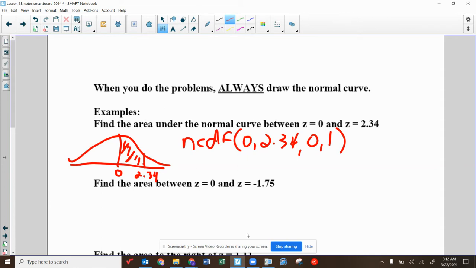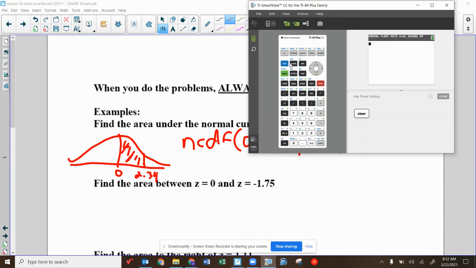Okay, so on your calculator, you go to second and vars, and then we're going to be doing normal CDF. We're not going to do normal PDF. That's a different thing, and if you take another statistics class, you'll learn what that is. Then it'll give you this here.